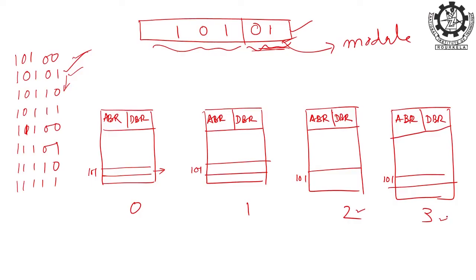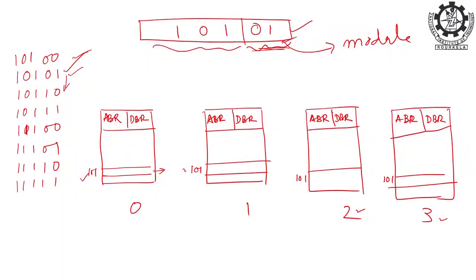That means they are located across the memory modules with the same address within the module. Here is also 101, here is also 101, here is also 101. Now, next I think here I made a mistake, this will be 10, this will be 10.